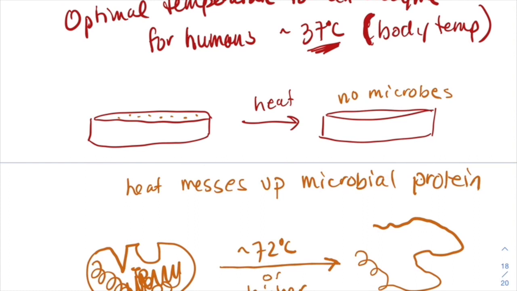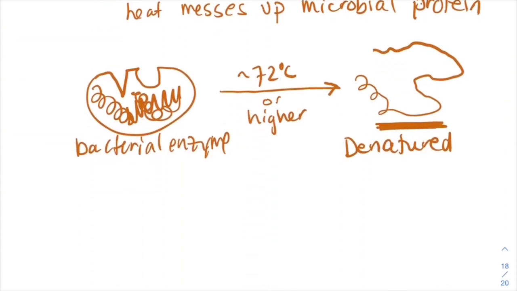This does not look like it's going to bind to a little triangle and a ball. It has lost its shape. So we say that the enzyme has been denatured. Denatured means that it has lost its shape.